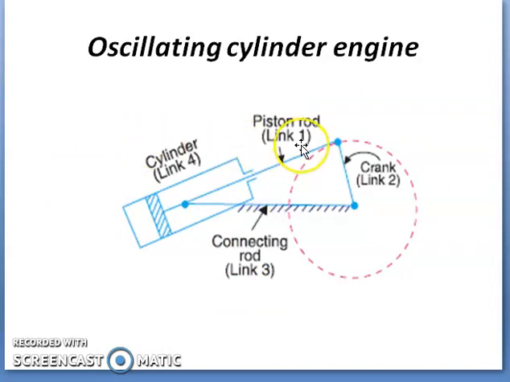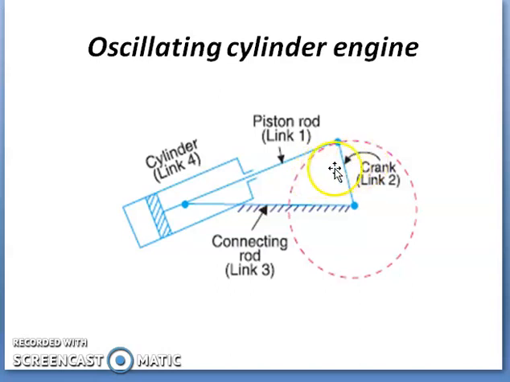Next you can see the oscillating cylinder engine. In the oscillating cylinder engine, the connecting rod is fixed. The link that is connecting the crank and the piston is fixed, and this is link 1. Along this link, the piston will be sliding.